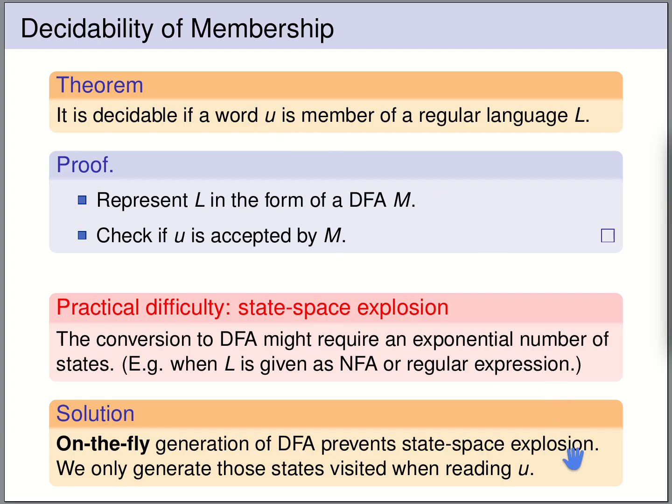We start with the starting state, and then we only generate those states of the deterministic automaton that we visit when reading the letters of u. As a consequence, we avoid the exponential explosion. At most, we will generate as many states as the length of u. And this construction is called on-the-fly generation of the deterministic finite automaton.